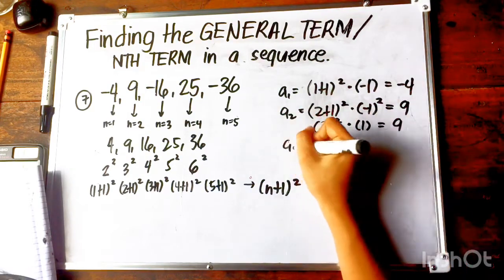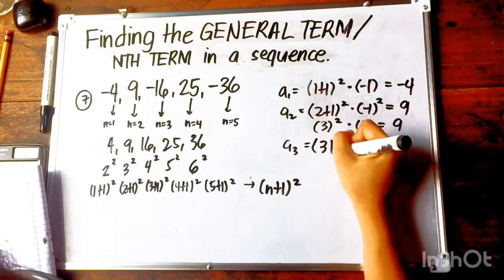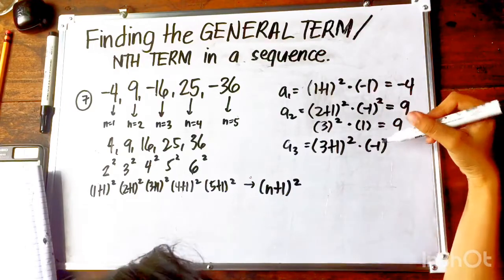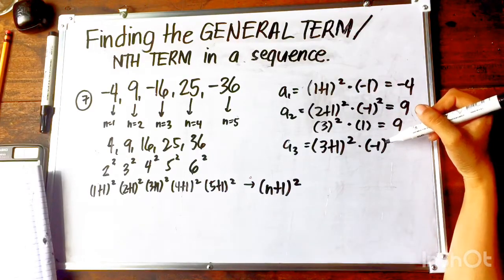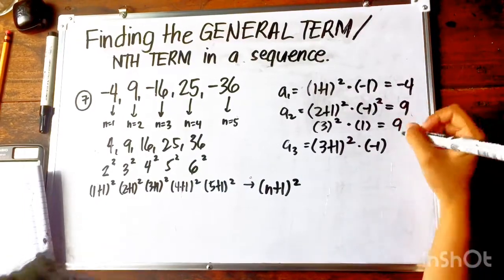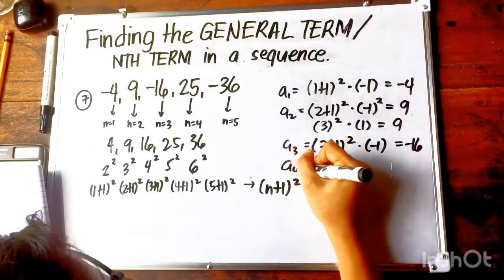Next, let's have a sub 3. So, this is 3 plus 1 squared times negative 1. So, kung magta-times negative 1 lang tayo, magiging siyang, okay, negative pa din. So, that is negative 16. Okay? And then, a sub 4.